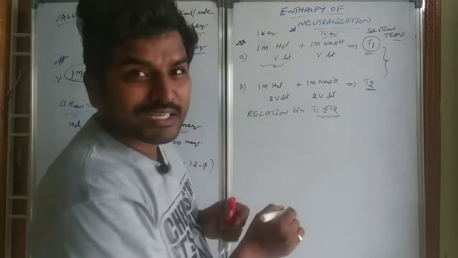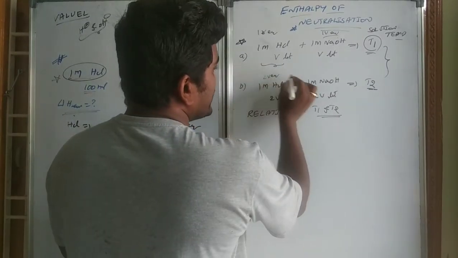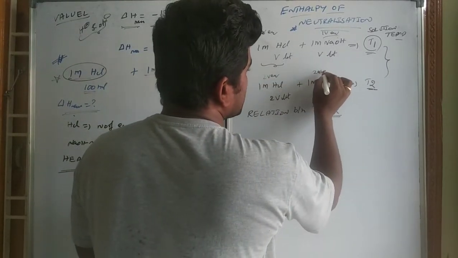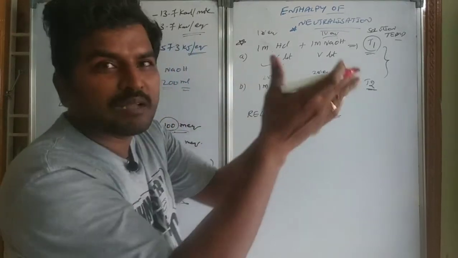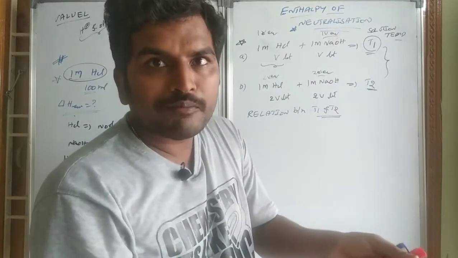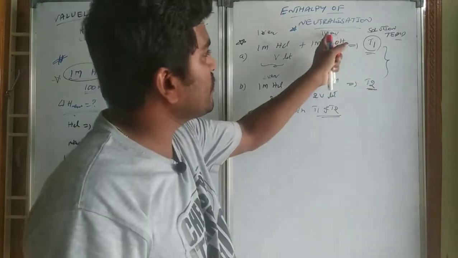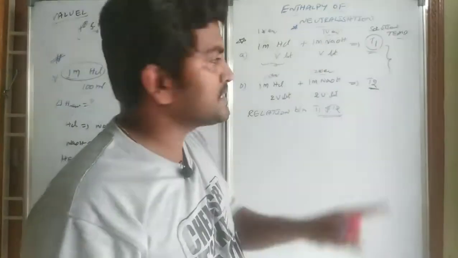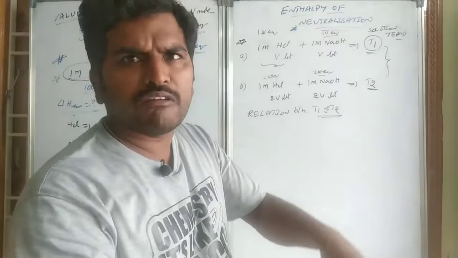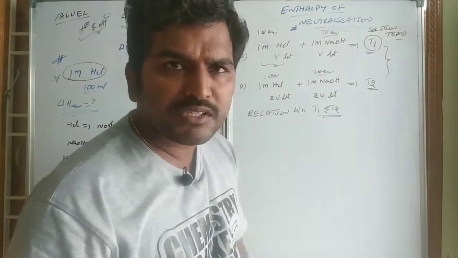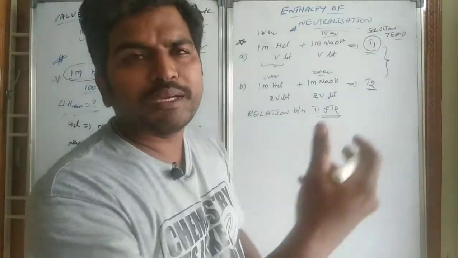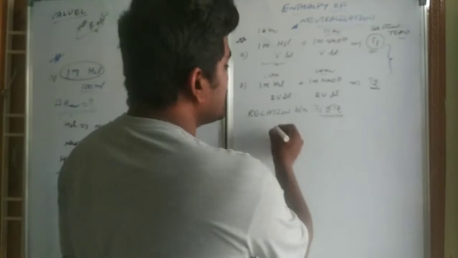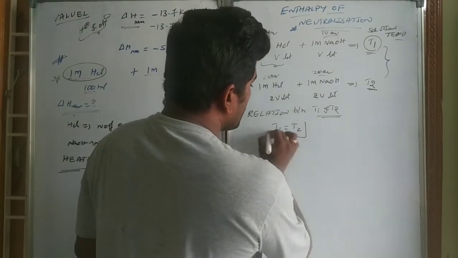Here 2V equivalents are reacting with 2V equivalents, so the heat liberated is automatically double. So T2 should also be double T1. But originally T1 is equal to T2.